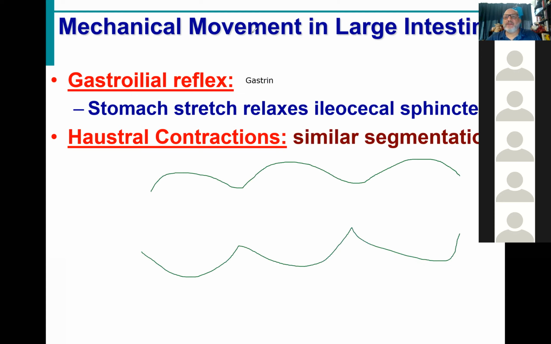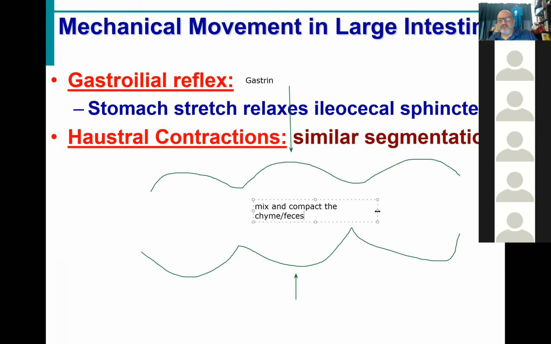And what will happen is that just one of these pouch-like haustrum will contract. And as it contracts, it does a couple of things. It is going to mix and compact the chyme. At the beginning of this process, it is still chyme, but eventually, as it is processed, it becomes feces.